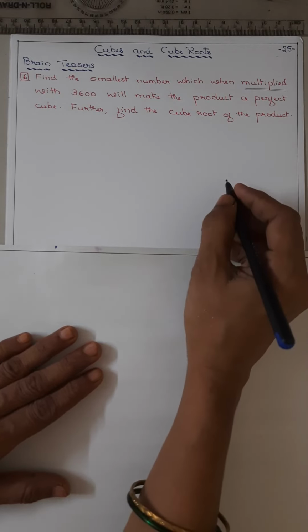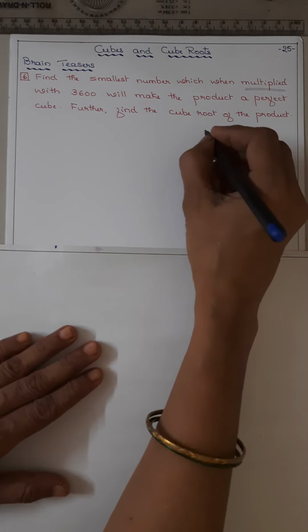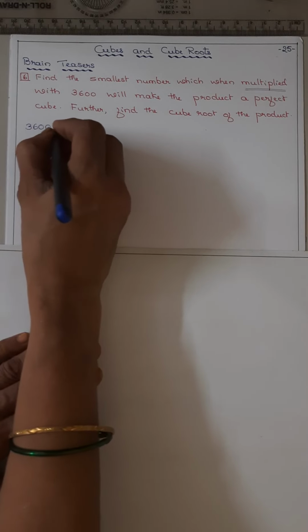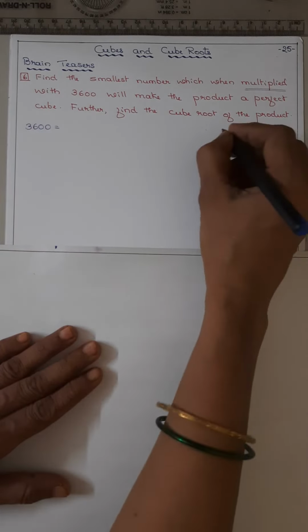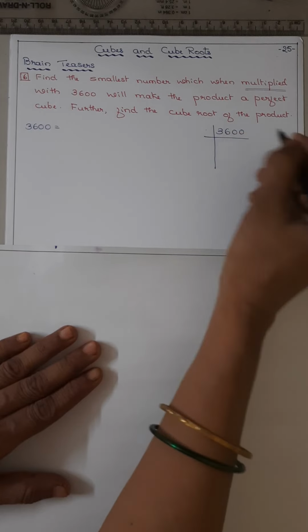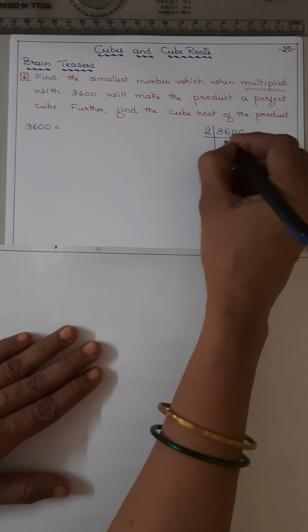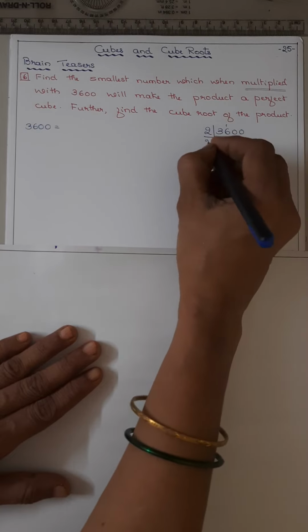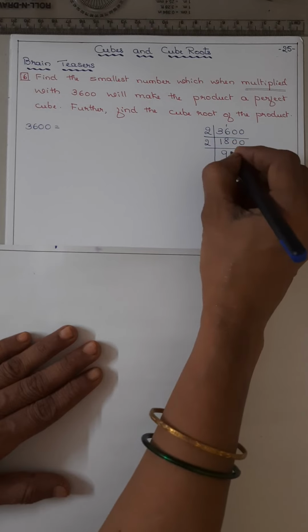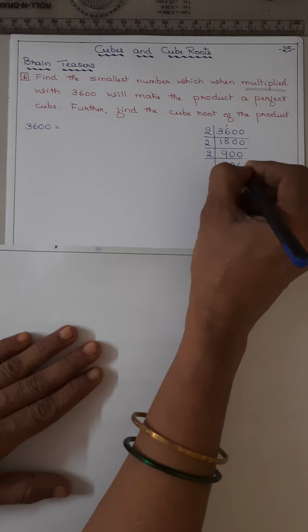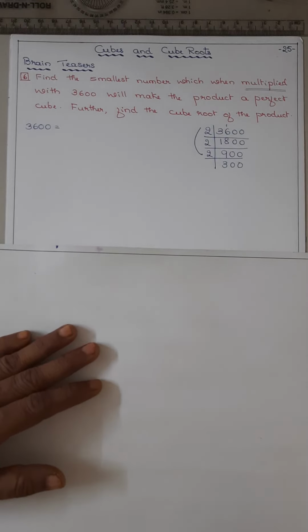Again we have to find the cube root. Okay, it is 3600. Divide 3600 by 2, we get 1800. Then 900, then 450.